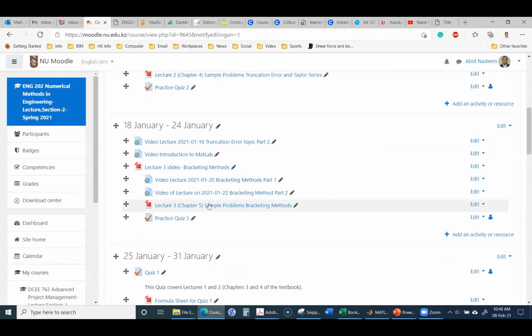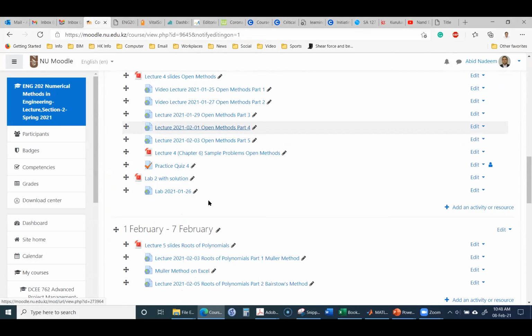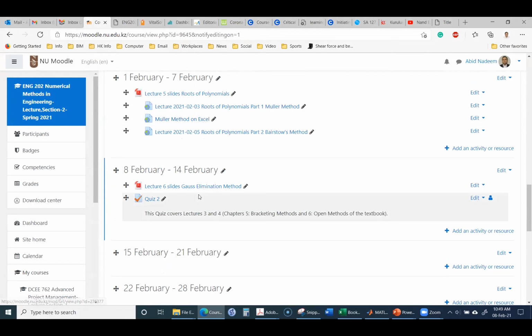Similarly, the sample problems for the bracketing method and the sample problems for the open methods are also available. Later on, I will also add the practice quiz and the sample problems for the roots of the polynomial as well. And your quiz will be next Friday, that means the coming Friday, 4 days later.